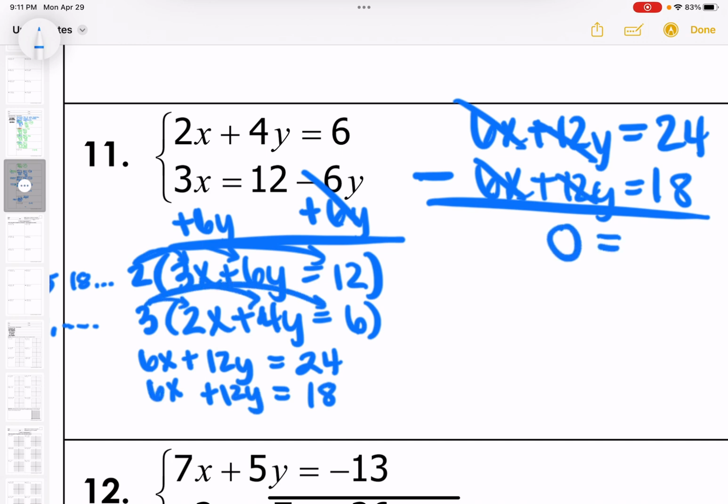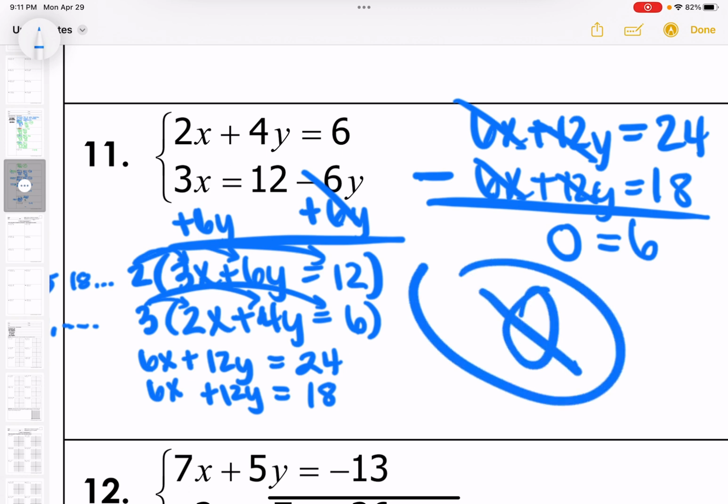And then 24 minus 18 is 6. So we're left with 0 equals 6, which is not a true statement because 0 does not equal 6. So that means we're going to have no solutions for this system. All right, so that ends the notes on the elimination method where there is no common coefficient.